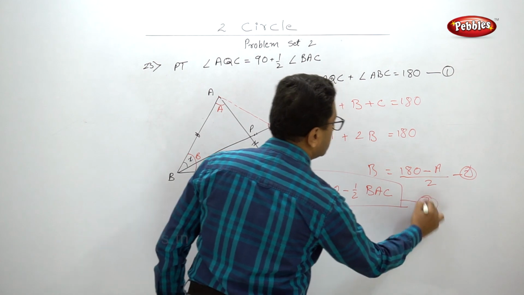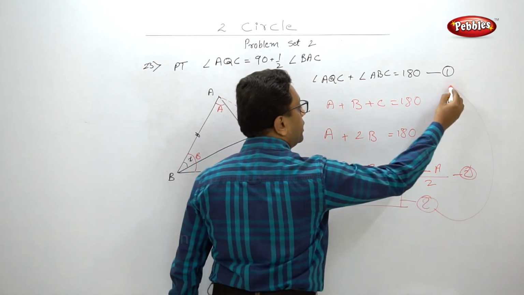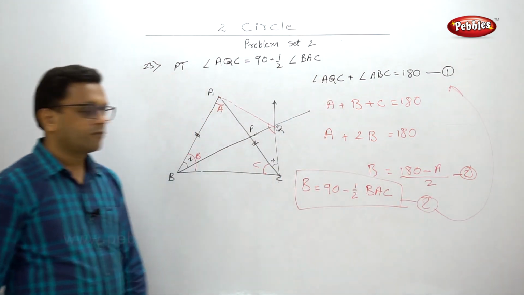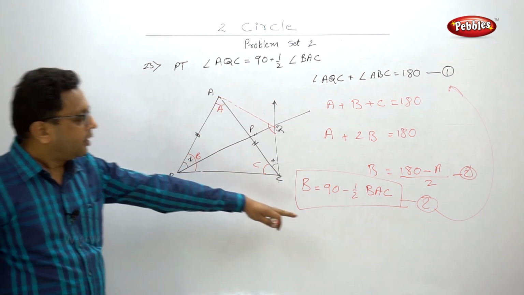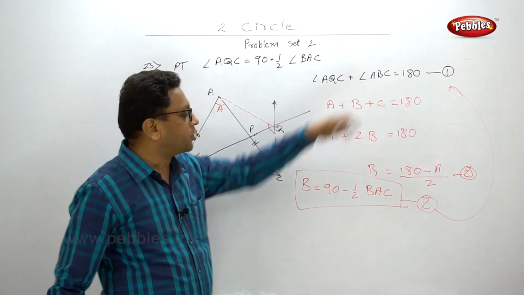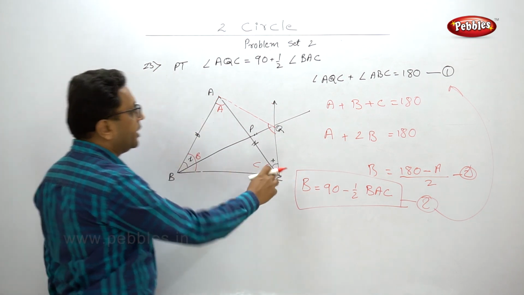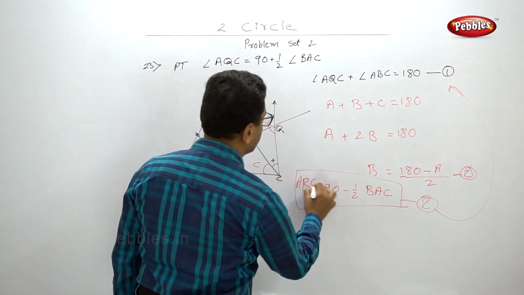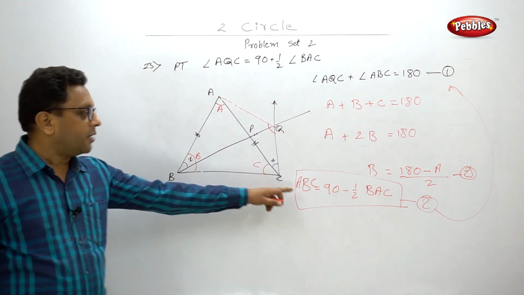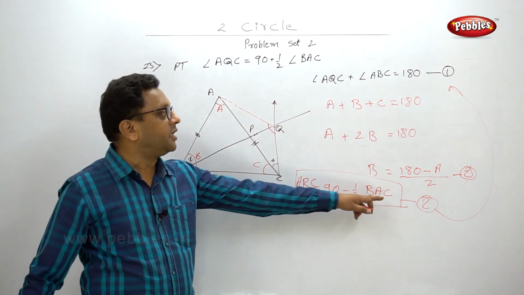This is my equation 2. Can we substitute here? If we substitute the values from equation 2 into equation 1, this angle B is also nothing but angle ABC. Correct? So angle ABC is equal to 90 minus half of angle BAC.